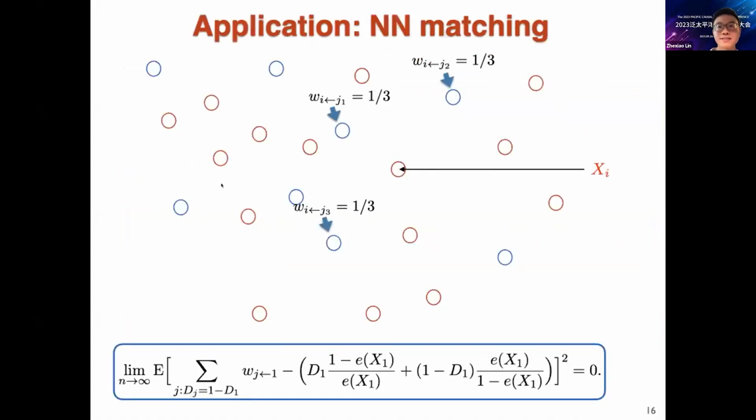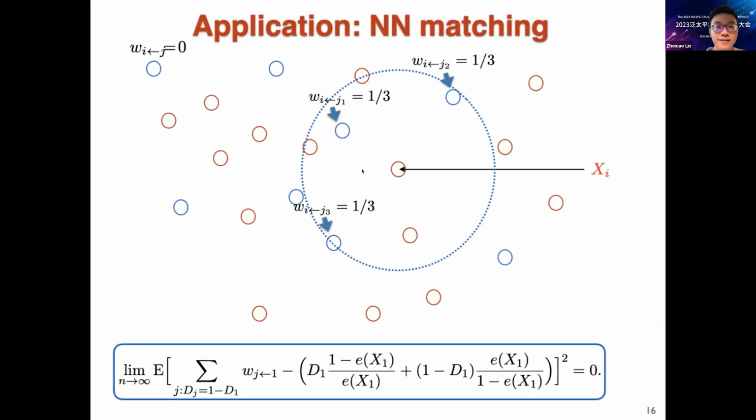Okay, so I will use a simple case to illustrate our general framework, which is the nearest neighbor matching, because the form of K nearest neighbor is much simpler than the Wilson estimator. So for the K nearest neighbor, if we choose the number of nearest neighbors to be 3, then to estimate the counterfactual outcome for this red unit i, we'll find the nearest neighbors of this red unit among all the blue ones.